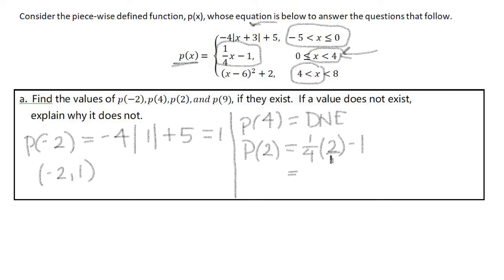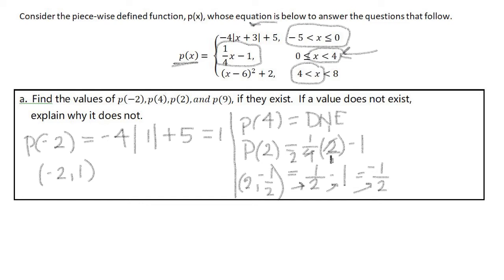You can put 2 over 1, and you can cancel the 2 and the 4. And so that's going to leave me with the fraction 1/2 minus 1, which hopefully will generate a -1/2. If you have 50 cents and you owe someone $1, you still gonna owe them 50 cents. All right, and so what ordered pair did we generate from this? We generated the ordered pair 2, -1/2.